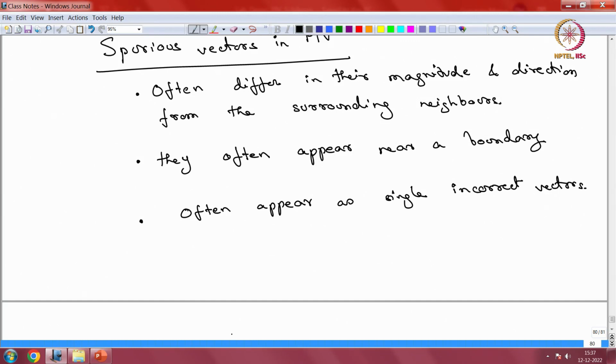So to detect spurious vectors, first you have to detect what are called outliers. So questionable data are often called outliers.